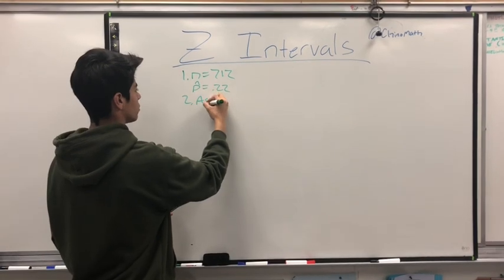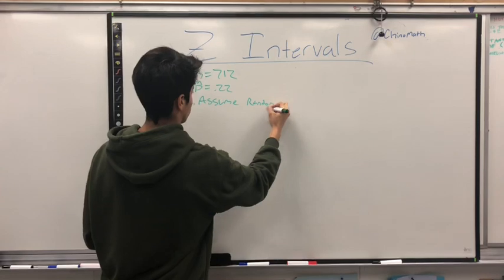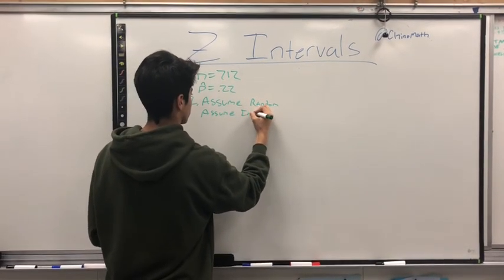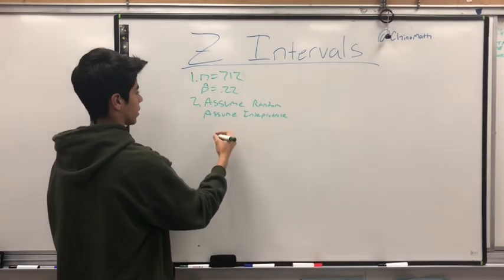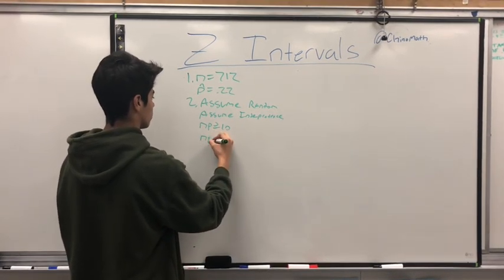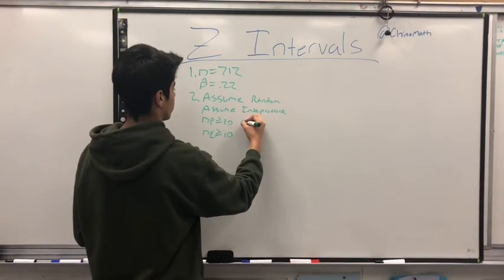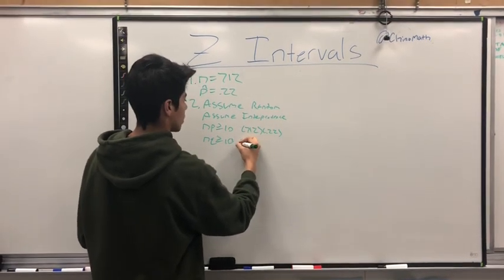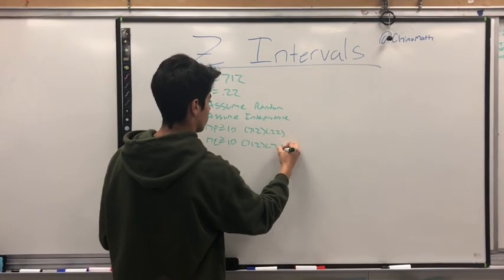We're going to assume random, and assume independence. Then we have np greater than or equal to 10 and nq. Using np, we have 712 times 0.22, which is 156.64.